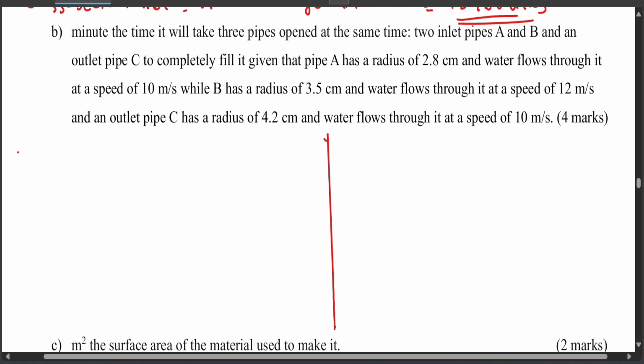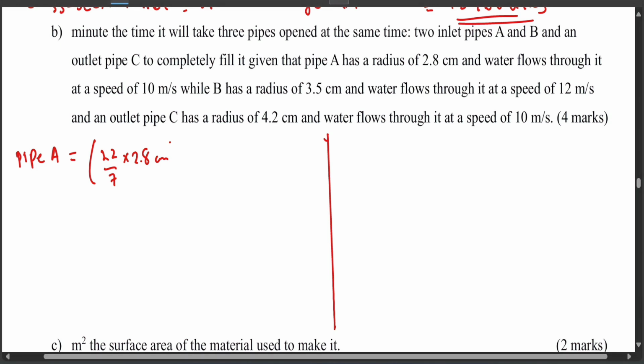Okay, so let's work out every pipe. So for pipe A, let's find the cubic centimeters per second, or the volume in 1 second. And how do you find it? You just take 22/7 times 2.8 centimeters squared, because it's pi r squared.